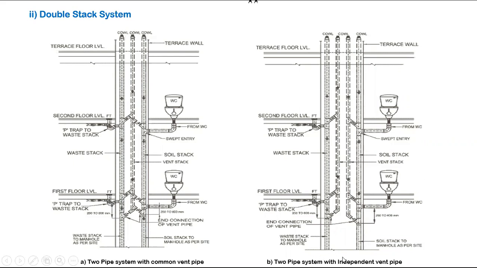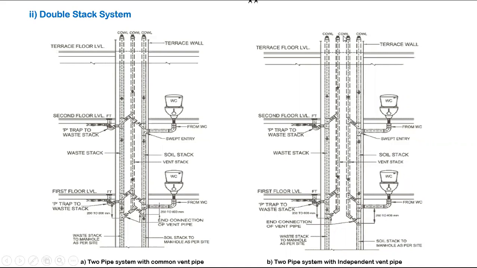This is the two pipe system with an independent vent pipe. We use the independent vent pipe in very big projects, high-rise buildings only. Both the waste pipe and soil pipe have a separate individual vertical vent pipe. Here the waste pipe is there, and additionally we provide one vertical stack.